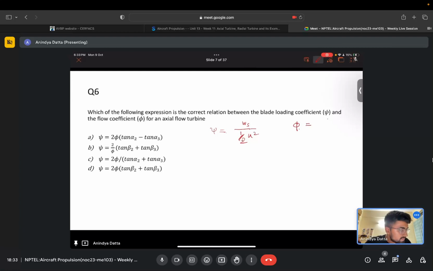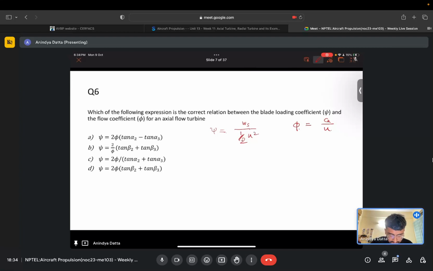and the flow coefficient phi is equal to Ca by u. When we compute the flow coefficient for axial flow turbomachines, we use the axial velocity component divided by the blade speed. For centrifugal compressors or radial turbines, it is the radial component of velocity divided by the blade speed.